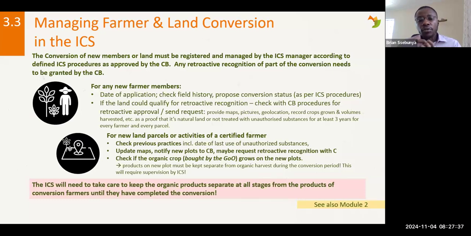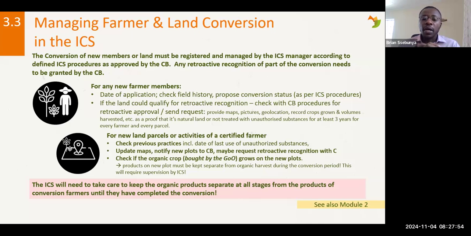Yes, and of course, remember that after the farmer has been admitted, we also need to determine their conversion period. We are still onboarding the farmer.